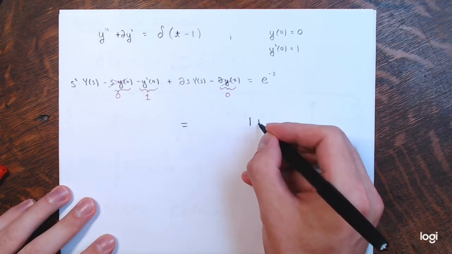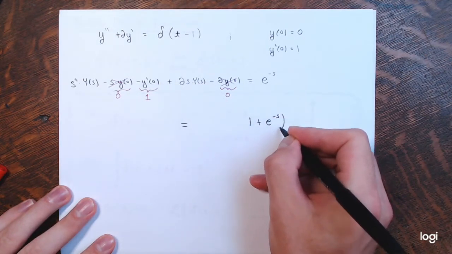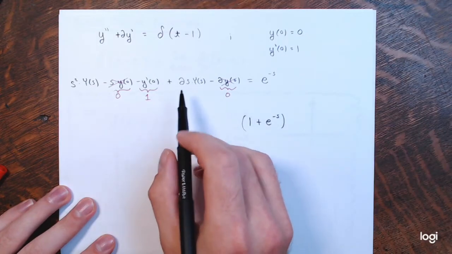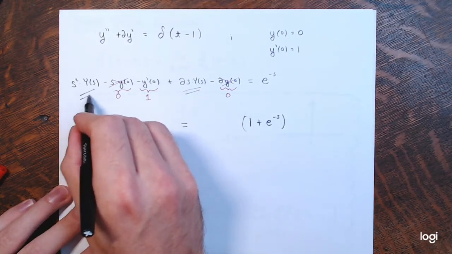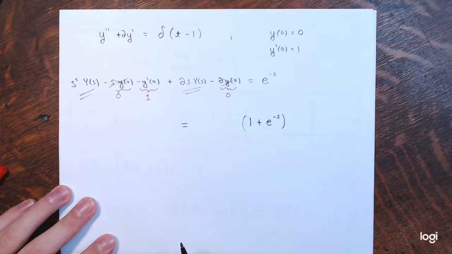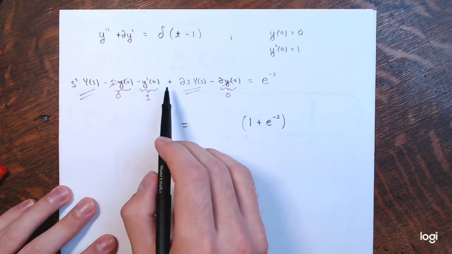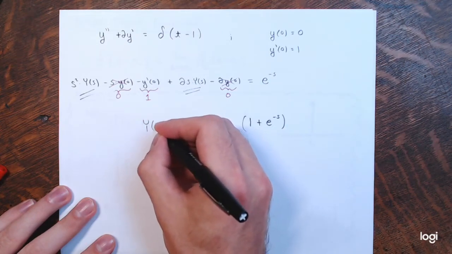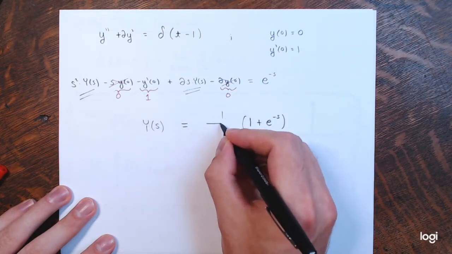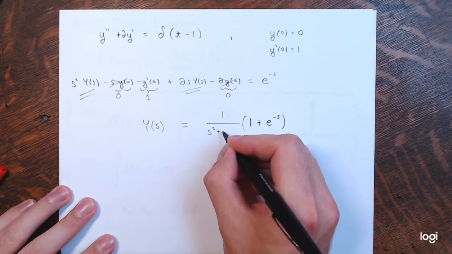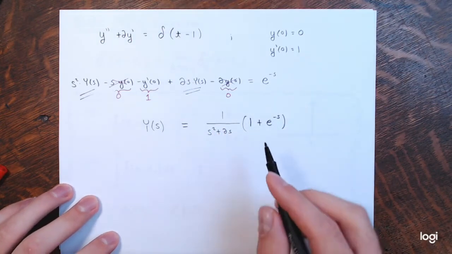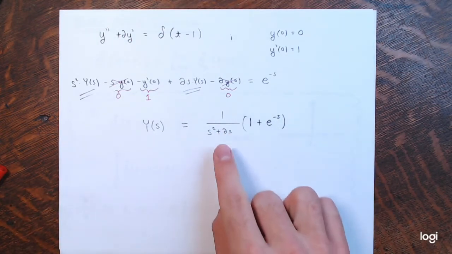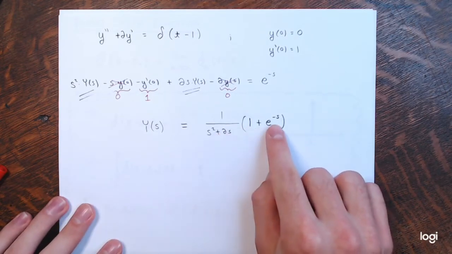So we have 1 plus e to the negative s, multiplied by, take all the terms with Y of s in there, you have s squared plus 2s. Let me divide by that. So Y of s equals 1 over s squared plus 2s, and I'll have that on its own, and then that times e to the negative s.